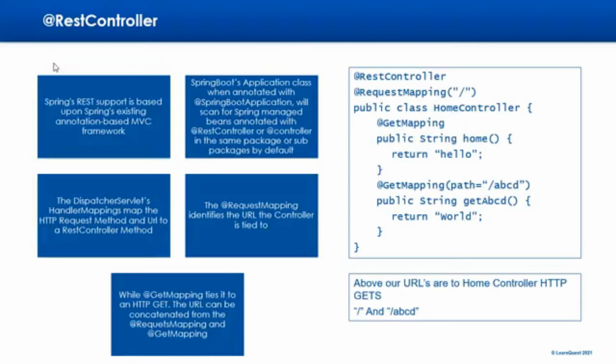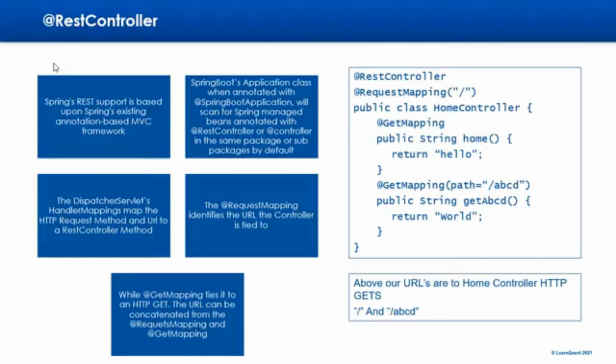So here I have a REST controller saying any request coming in at all into this web application will come to this controller. If the URL is not concatenated with anything else, it will go to the method String home and return hello. Otherwise, it will do URL concatenation to say, oh, you passed me in /abcd.